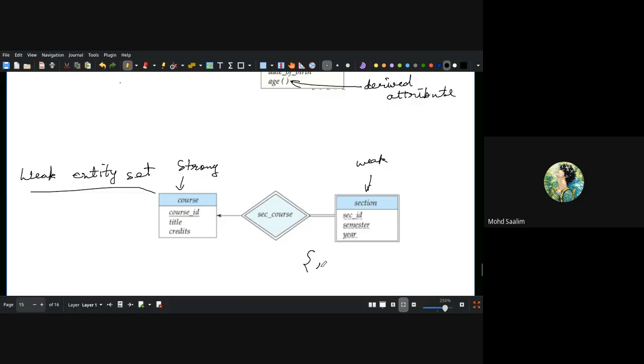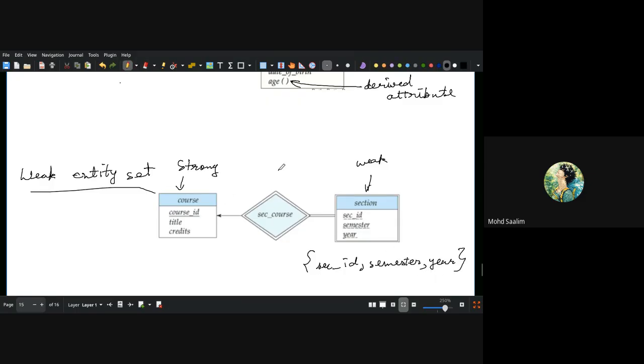It means that the set of all three is a discriminator. Okay. It means the set of all these three is a single discriminator.